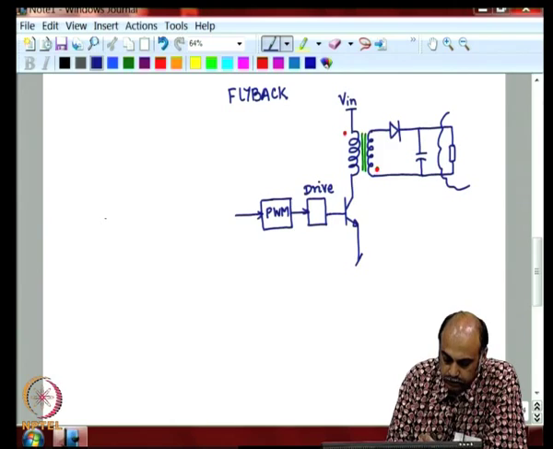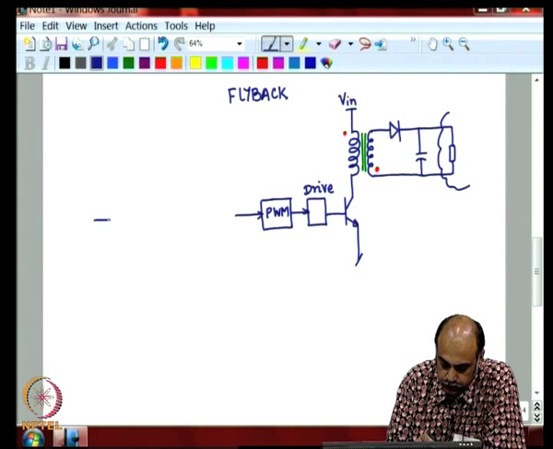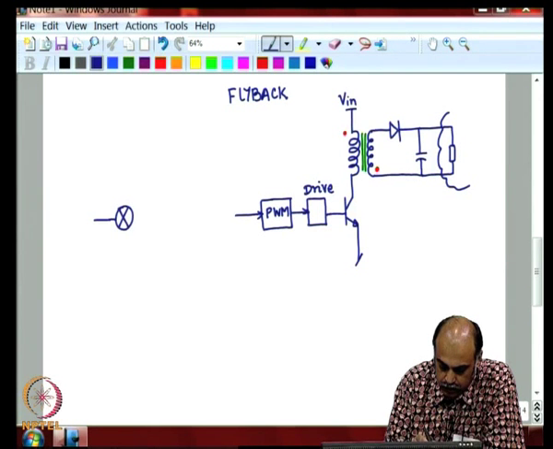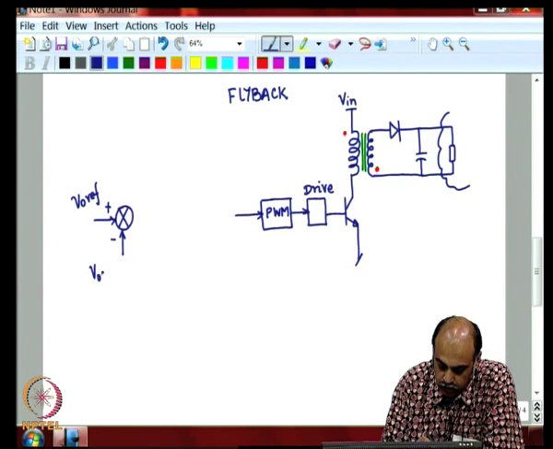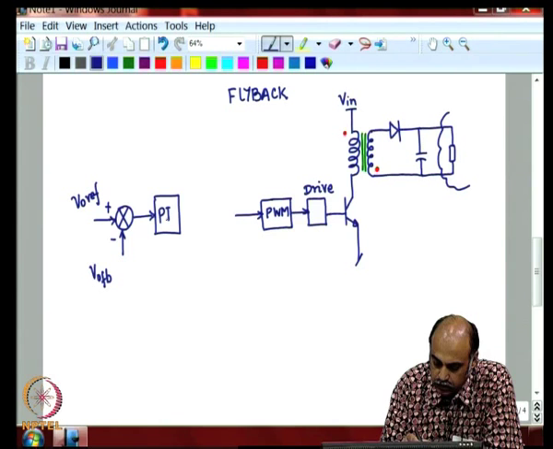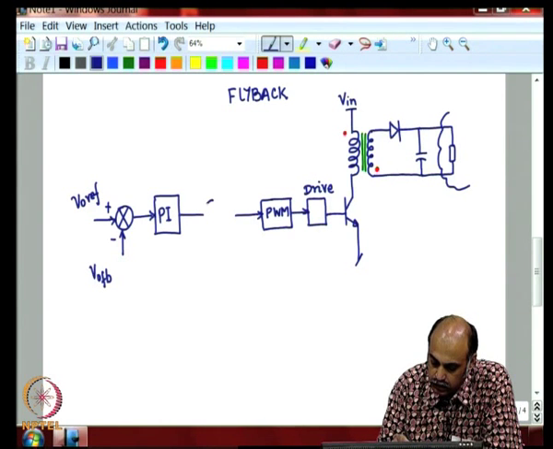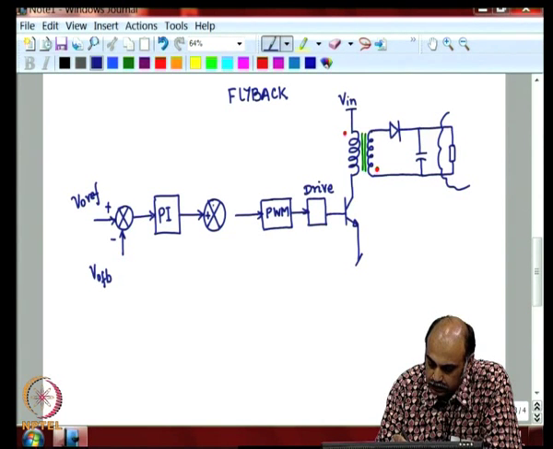And here we have the comparator, compare and control, plus minus. You have V naught reference and a V naught feedback, the output of which goes into the controller, a PI controller, which is plus and plus.